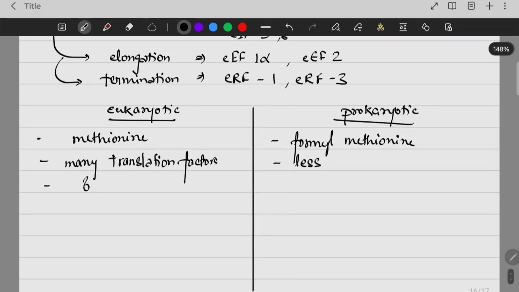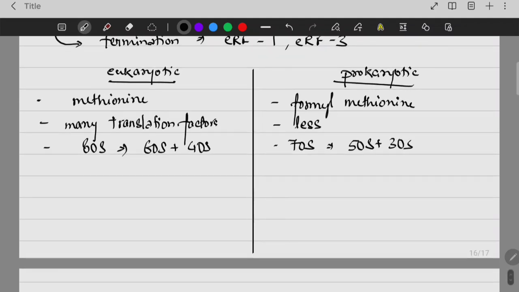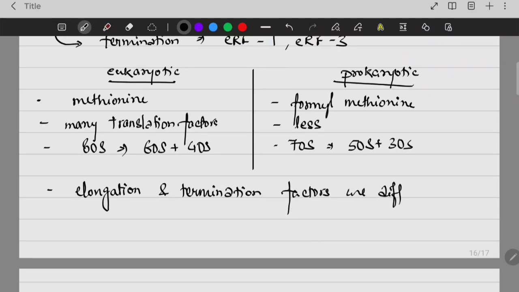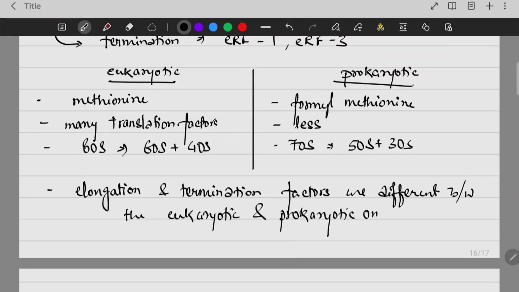The ribosomes here are 80S and here are 70S. Subunits include 60S plus 40S, and here 50S and 30S. Okay. And the elongation and termination factors are also different between the eukaryotic and prokaryotic. So these are some differences between eukaryotic and prokaryotic translation.